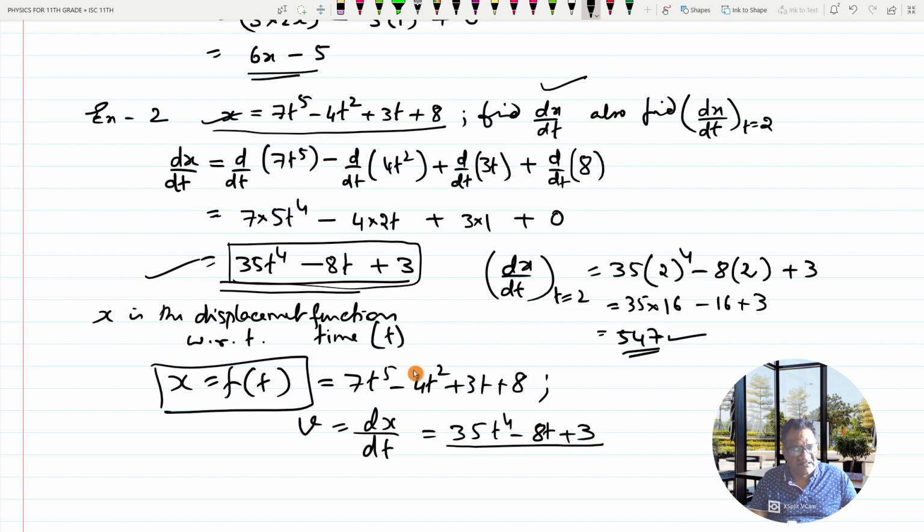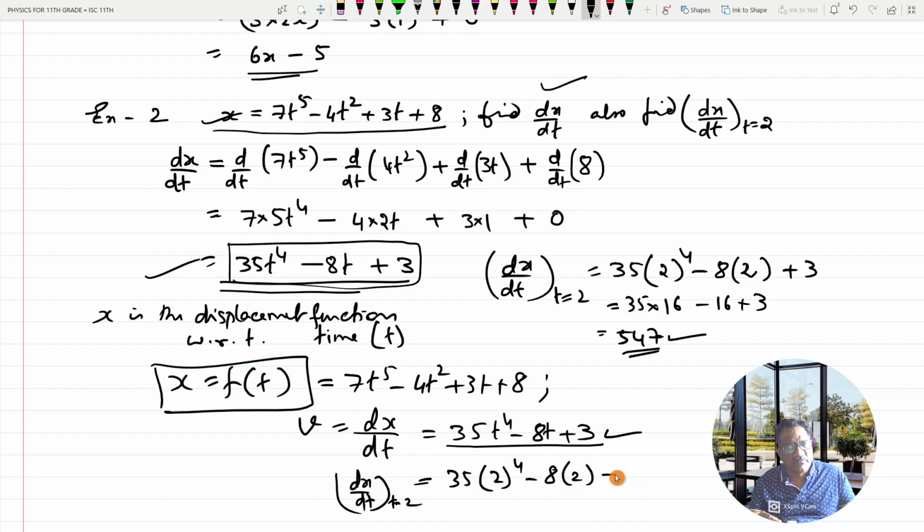Now suppose they ask you what is the velocity when time is 2 seconds. So this is the velocity formula. In this, you will have to find out dx upon dt when t is equal to 2. That means when t is 2 seconds, what will be the velocity? So what you will do, you will substitute this 2 for t in this formula, and you will find the answer.